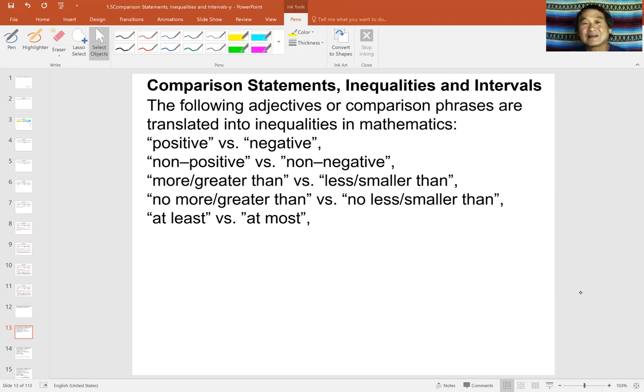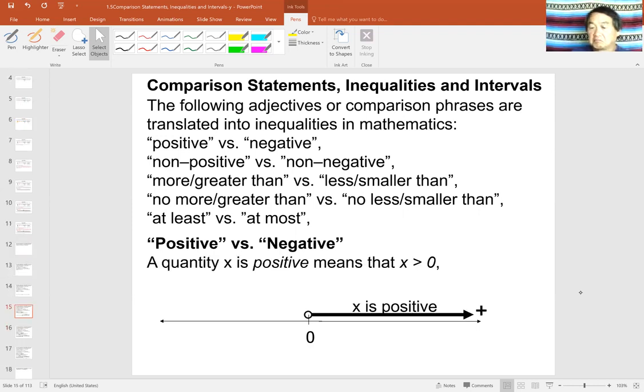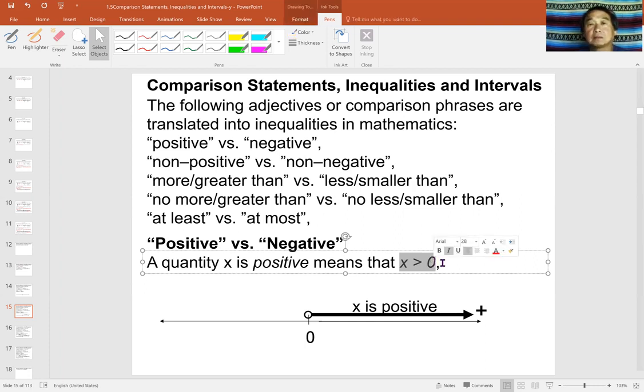When you read a sentence with these descriptions, you can translate it into inequalities. Positive: x is bigger than 0. This is the symbol for being positive. When mathematicians read a sentence saying something is positive, they immediately translate it into x bigger than 0, or 0 less than x.